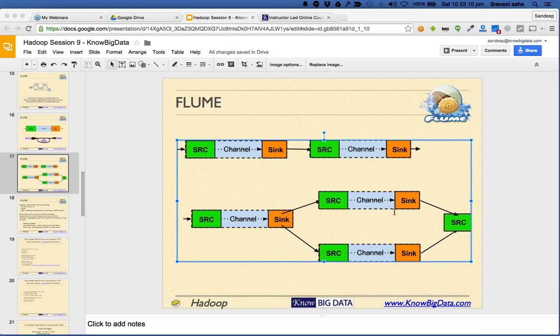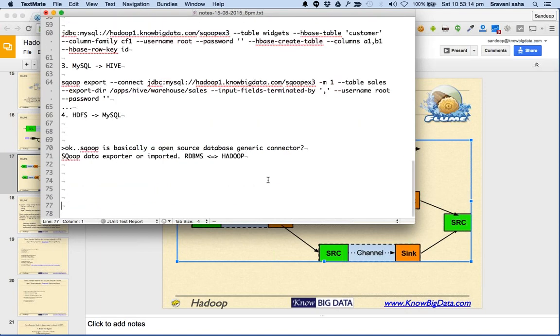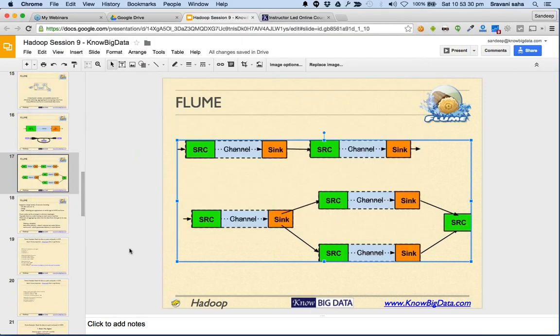Where does Flume sit in the network? Good, good question. So let me just write it here. On each node where the data is being generated, Flume is basically a collection of something called Flume agents.